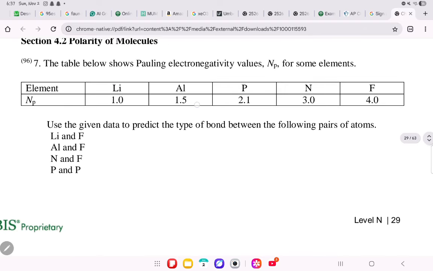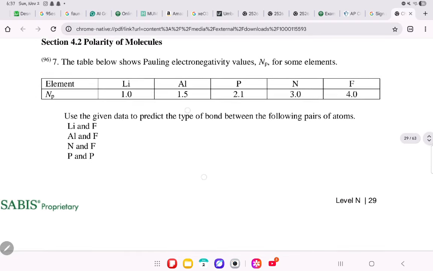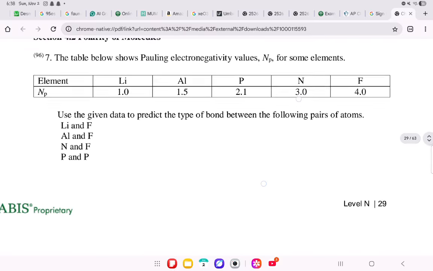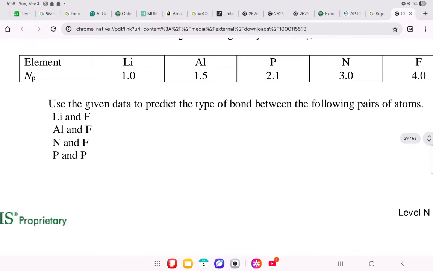That's it for 4.1. We'll move on to 4.2. The table below shows Pauling electronegativity values and some other values for some elements. Use the given data to predict the type of bond. Oh, perfect. So what did we say? We said that if delta EN is larger than or equal to 2.0, then it is ionic.